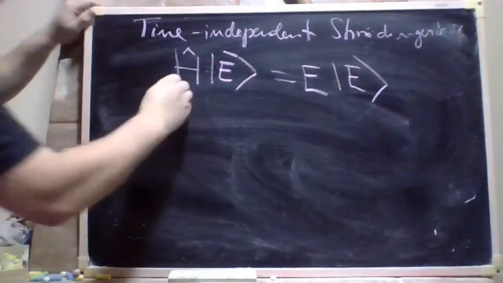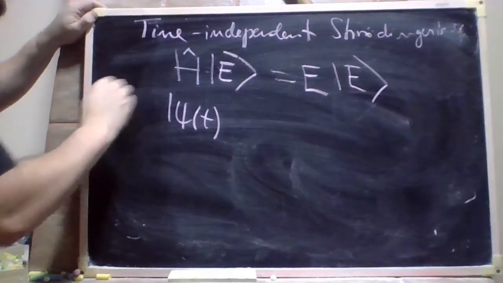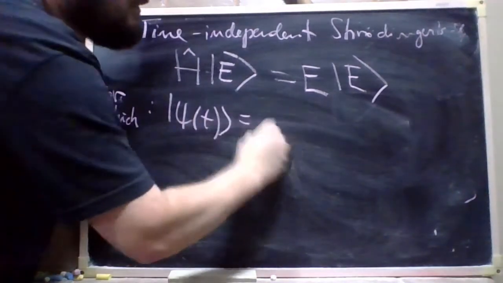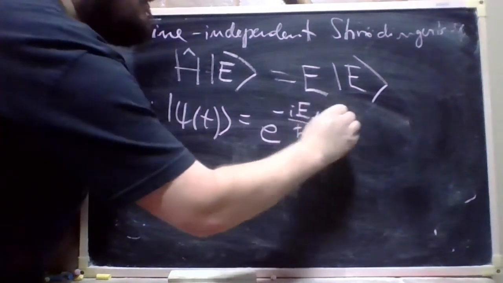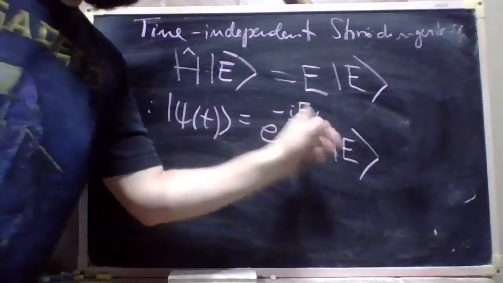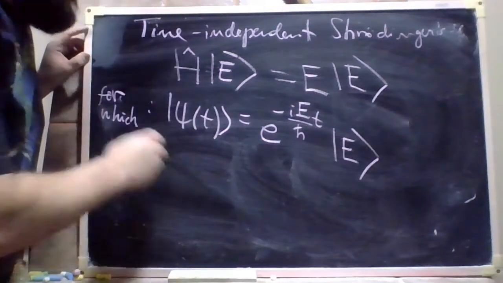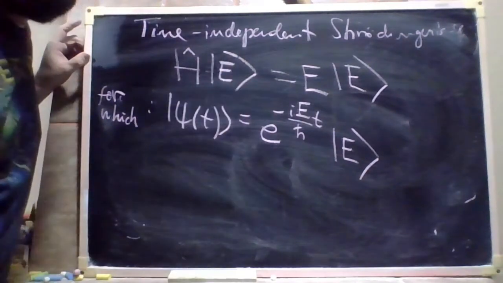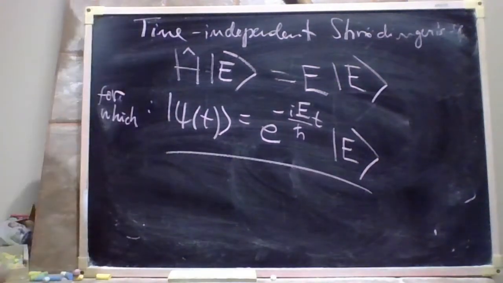For which psi of t corresponds just to a phase factor multiplying one of the energy eigenstates, with the eigenvalue of that eigenstate. All right. So for an eigenstate of the Hamiltonian, you have just a phase. All right. It's very important.